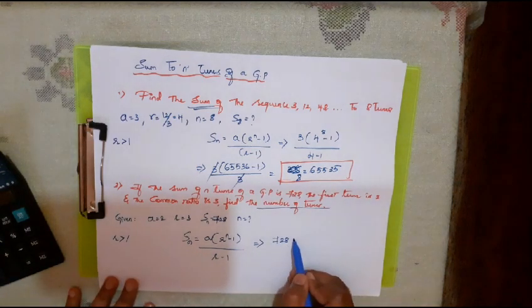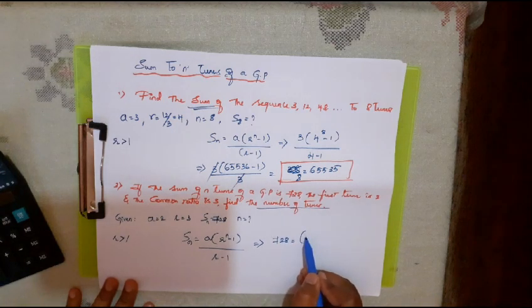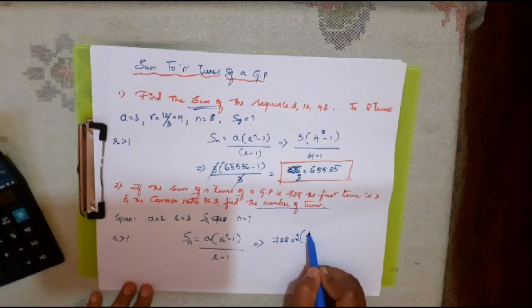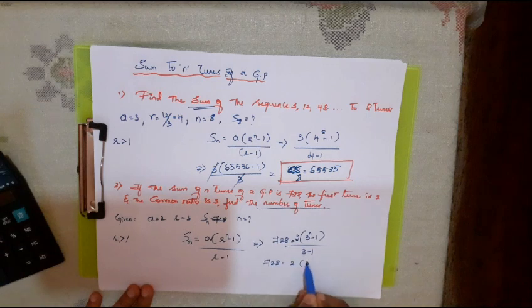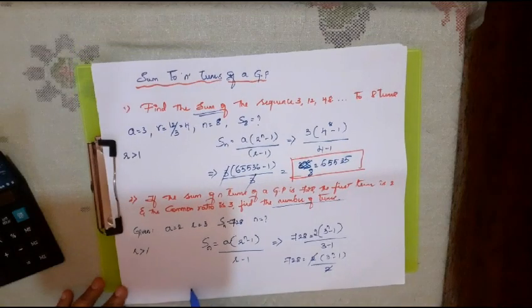Sn is 728, as they have given. So 728 is equal to 2 times 3 to the power n minus 1, divided by 3 minus 1. So 728 is equal to 2 times 3 to the power n minus 1 divided by 2. This is cancelled, so we got 728 is equal to 3 to the power n minus 1.